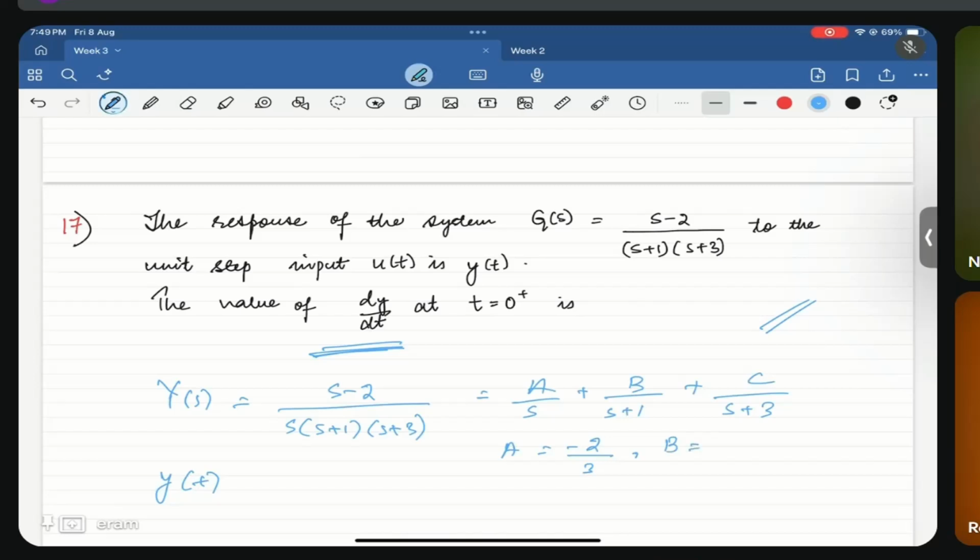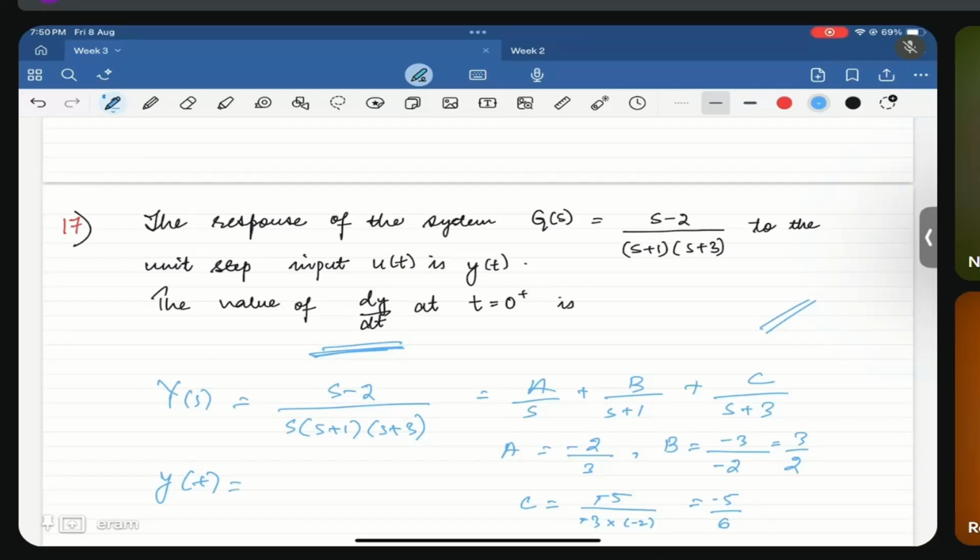B will be minus 1, so it is minus 3 by minus 1 times 2, which is 3 by 2, and C will be 5 divided by minus 3 times minus 2, so it is minus 5 by 6. Is it correct?